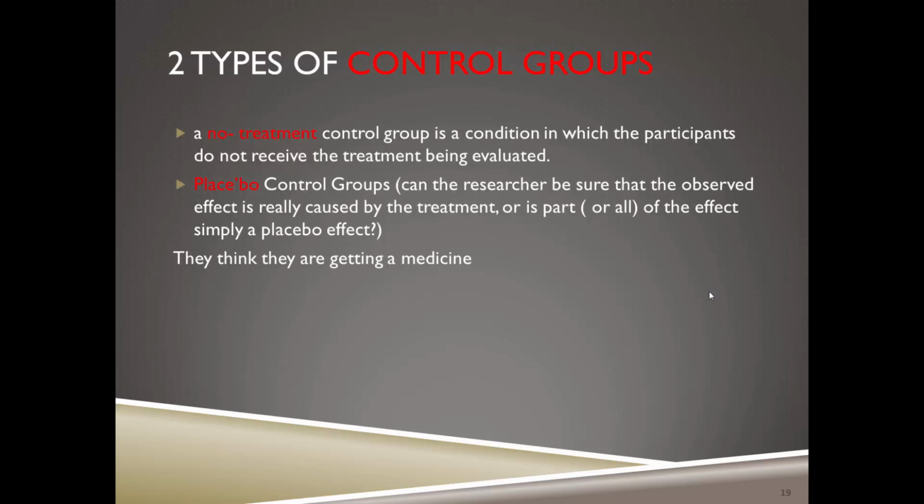So they are under the impression that they are getting the treatment. Most of the examples in placebo effect is in medical science, that one group receives the medicine, the other group doesn't receive the medicine, and there is also a third group that they think they got the medicine, but they did actually received a placebo.